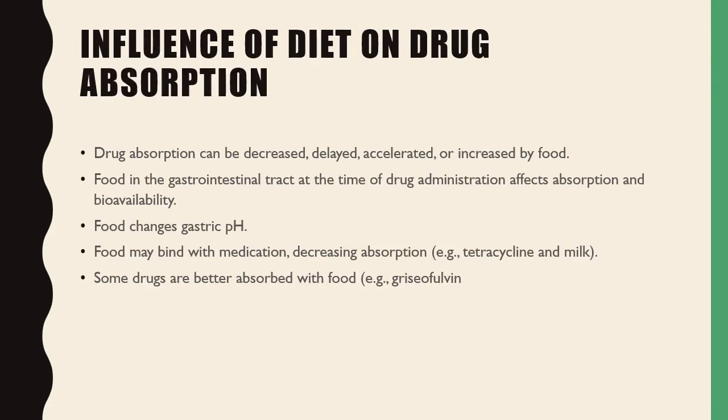When we talk about the influence of diet on drug absorption, keep in mind that drug absorption takes place across the mucosa of the GI tract. So we see that the proximal portion of the small intestine has a large surface area, and it is responsible for a large role in nutrient absorption. Why do I say this?